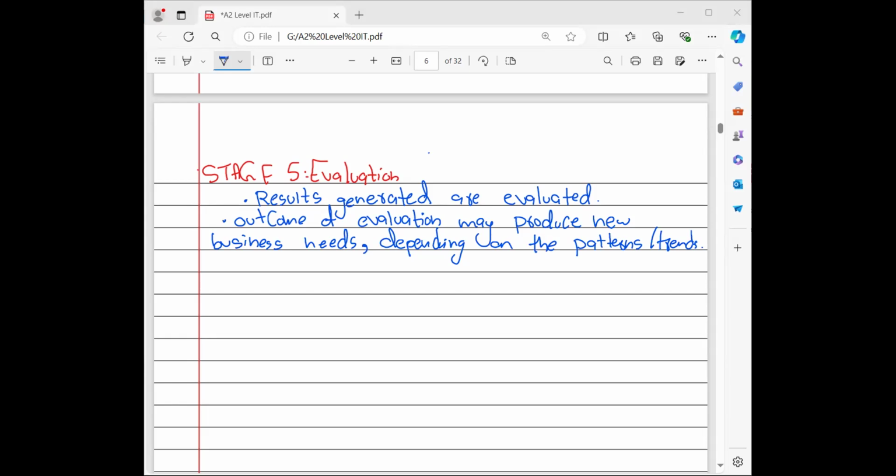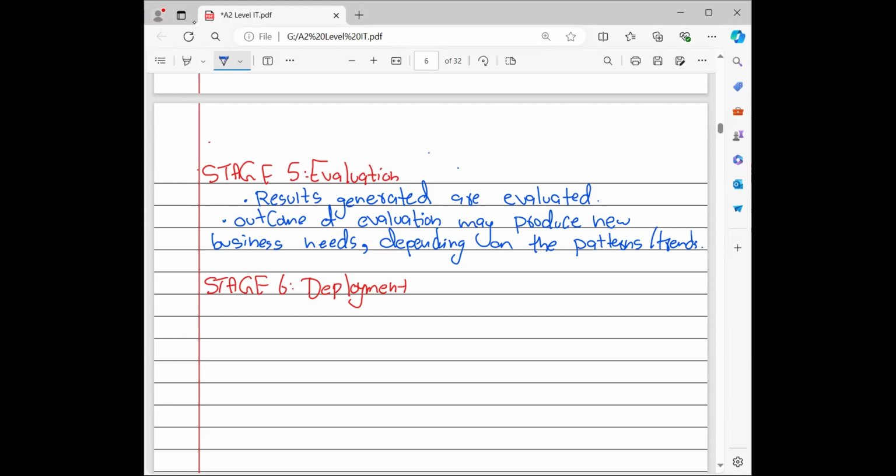Just after the fifth stage, we move on to the sixth stage, which is the final one. In stage six, we have deployment. Deployment basically means you are launching the process, you are done completing it.